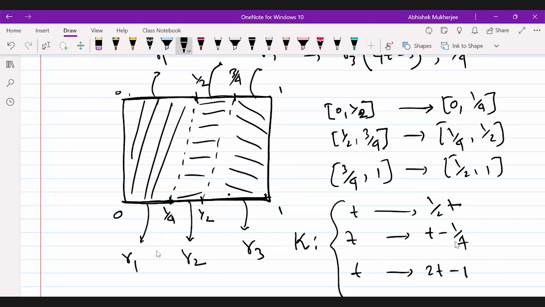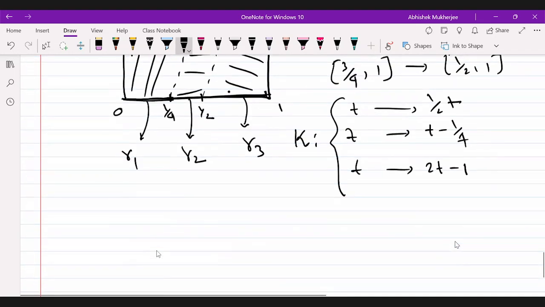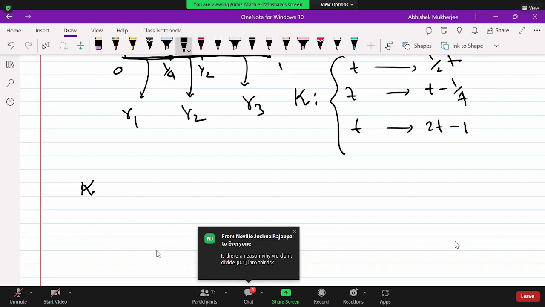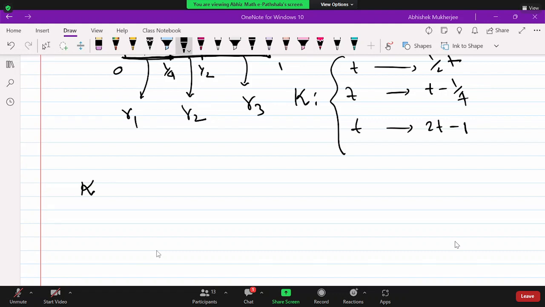Now using this map, K is a map from... Someone is asking, is there a reason why we don't divide? In which case are you asking this?